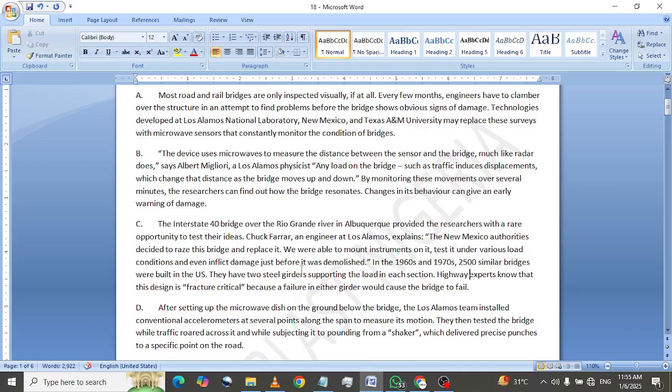They were able to mount instruments on it, test it under certain load conditions, and even inflict damage just before it was demolished. You can see now that our answer has started coming.